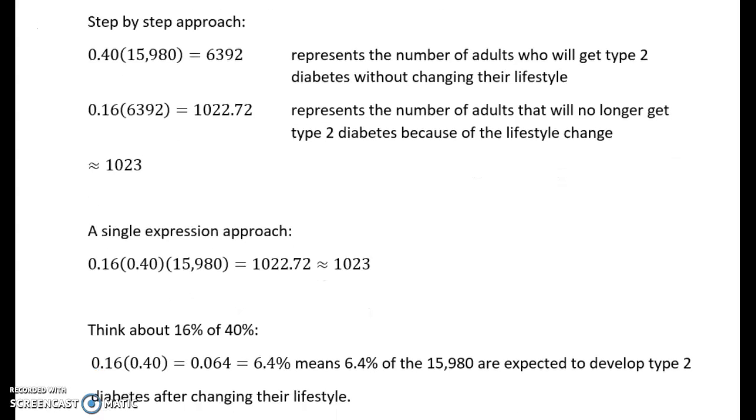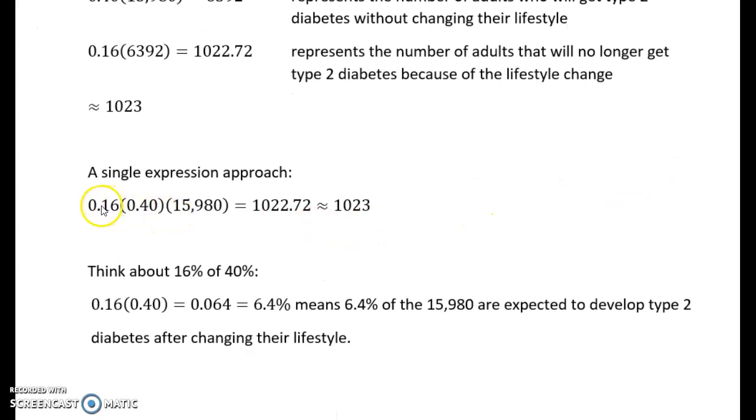So we could think about that by just focusing on the 16% of the 40%. Multiplying just the percentages would give us 0.064, which is equivalent to 6.4%. That means that 6.4% of that group are expected to develop type 2 diabetes after changing their lifestyle. And excuse me, we should say are not expected.